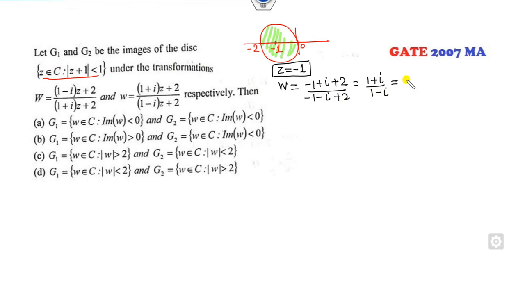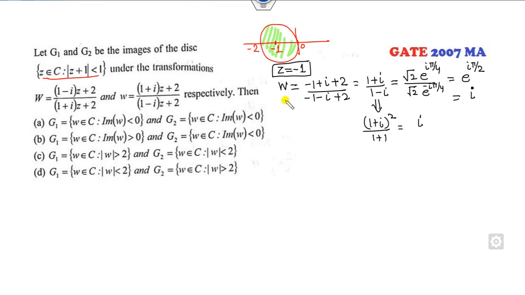Either you can rationalize it, or you can write it in the polar form. It is e to the iota pi by 4 over e to the iota minus pi by 4. So it is e to the iota pi over 2, which is iota. Or you can rationalize it also, and it again comes to be iota.